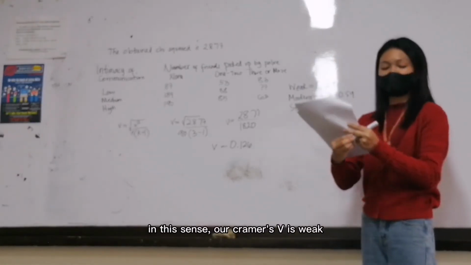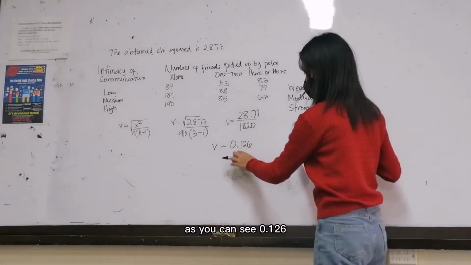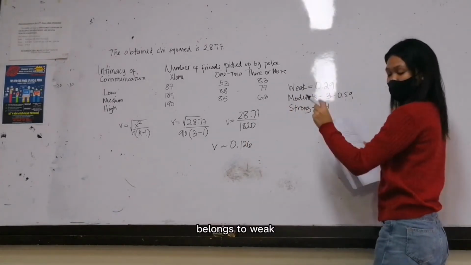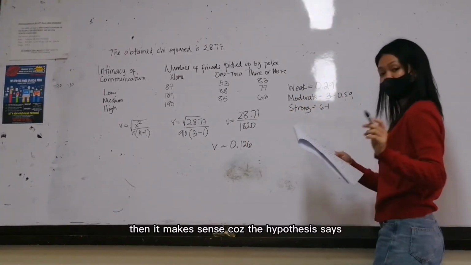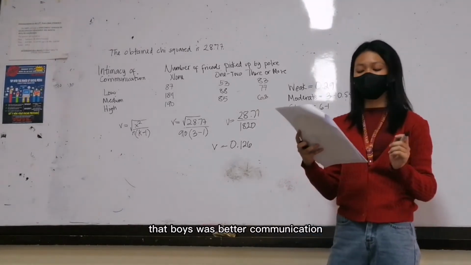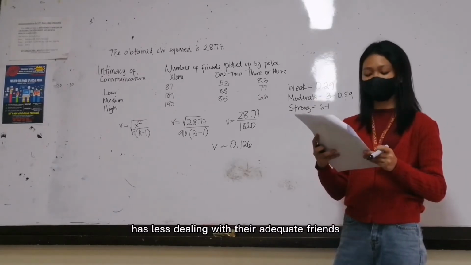In this sense, our Cramér's V is weak, as you can see, 0.126, so it belongs to weak. Then it makes sense because the hypothesis says that boys who have better communication have less dealings with delinquent friends.